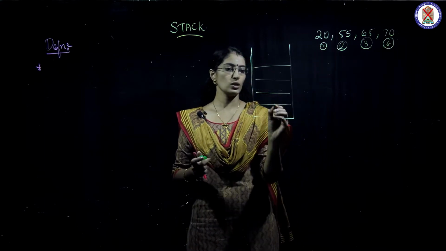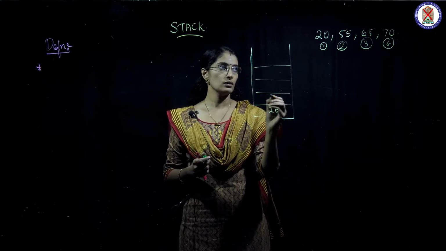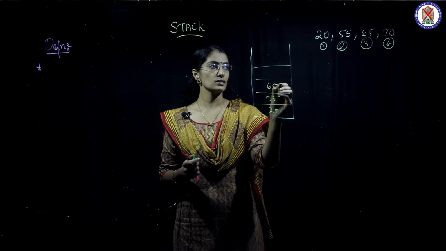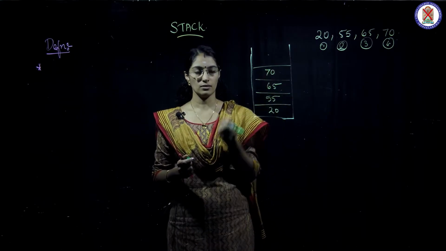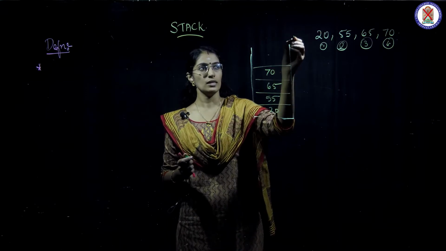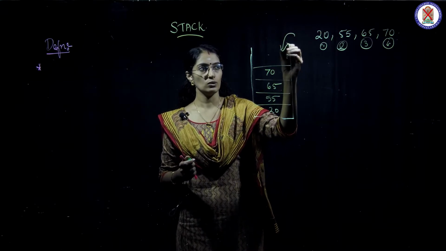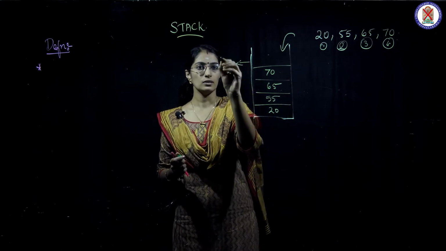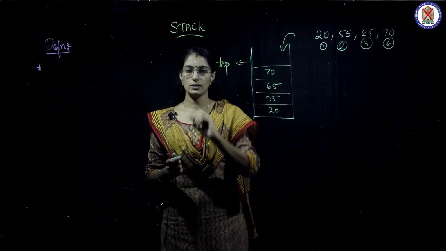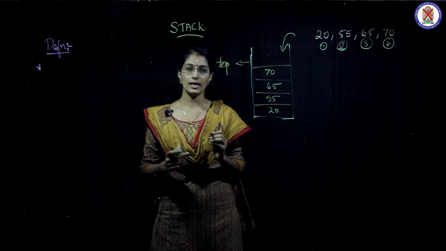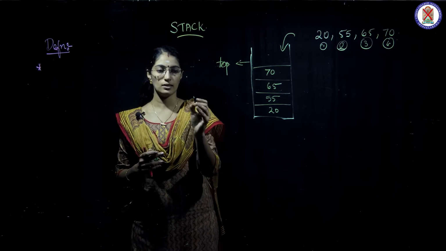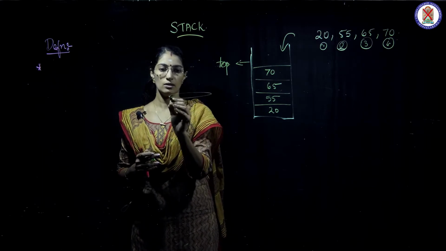So naturally 20 will be inserted first, 55 the next, 65 the next, and 70 the last. So what is happening here? Insertion happens through this portion, and this portion is known as the top of the stack.